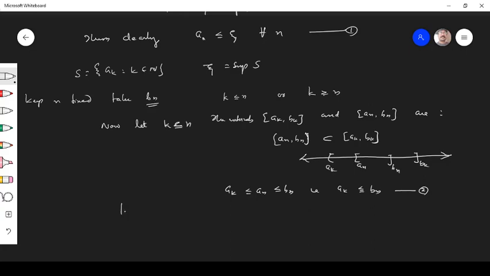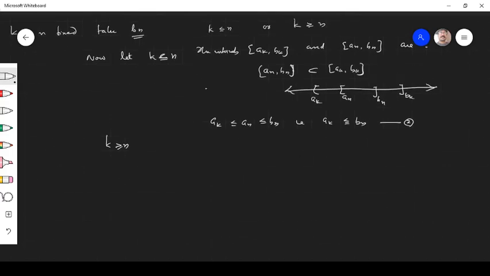Now let us take the other case, k greater than or equal to n. In that case, the intervals are such that [a_k, b_k] is contained in [a_n, b_n].